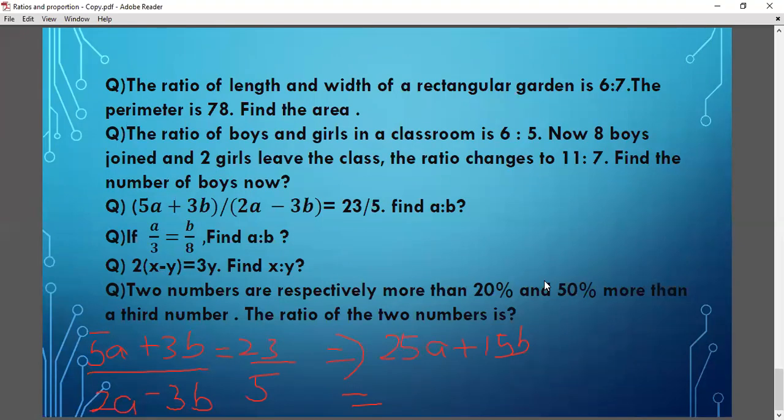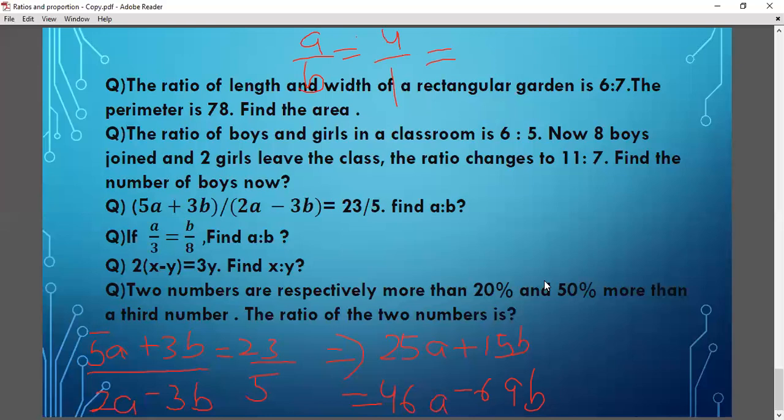46a minus 69b. If you solve these together, the final ratio value that you must be getting is a over b equals 4 over 1.